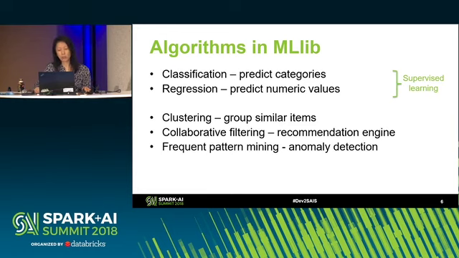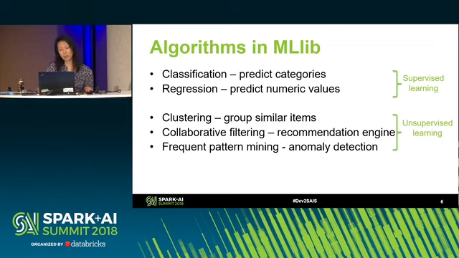And frequent pattern mining can be used in anomaly detection or basket analysis, like people who buy dry dog food typically also buy wet dog food. Now, these last three categories are typically what we call unsupervised learning, meaning when you train the model, you're not providing any correct answer, any desired outcome. The model will explore the pattern by itself.